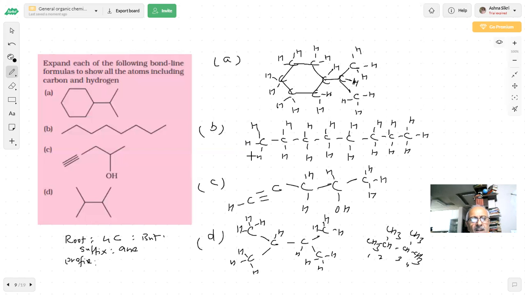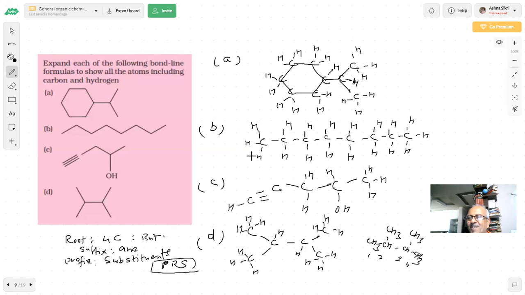Prefix are the substituents, students. Yes, sir. That's how you write the IUPAC name. Prefix, root, and suffix. Again, some revision. Prefix, root, and suffix.